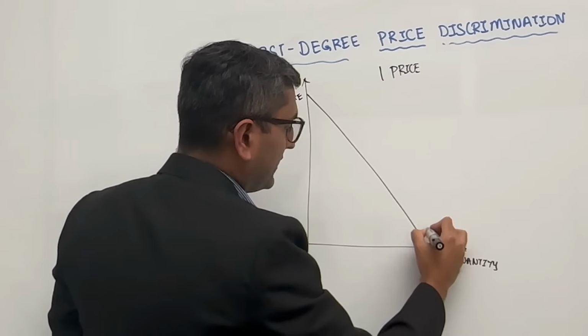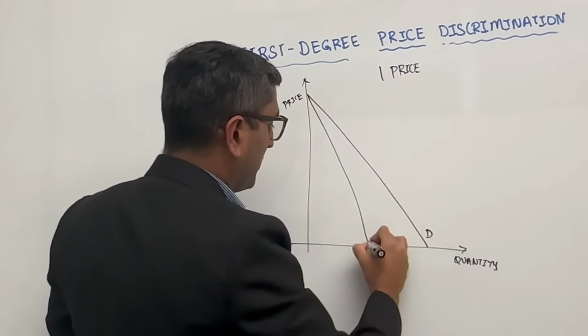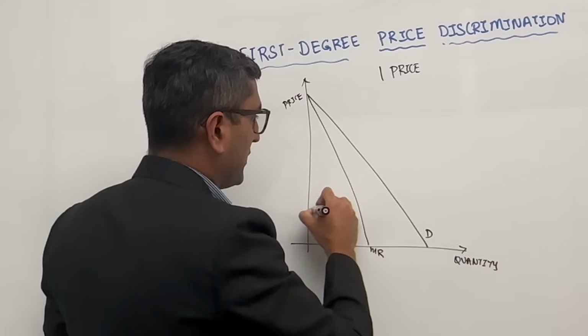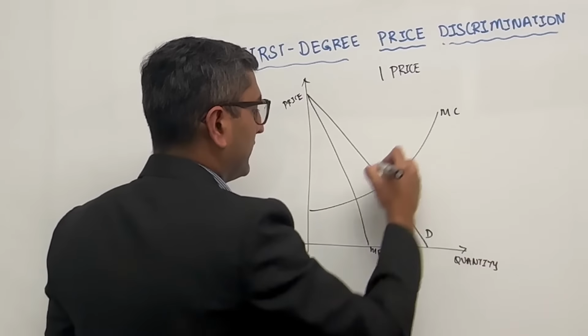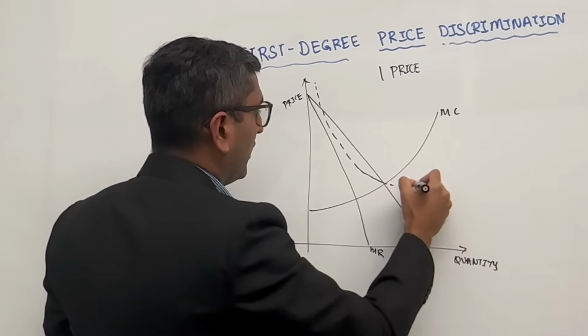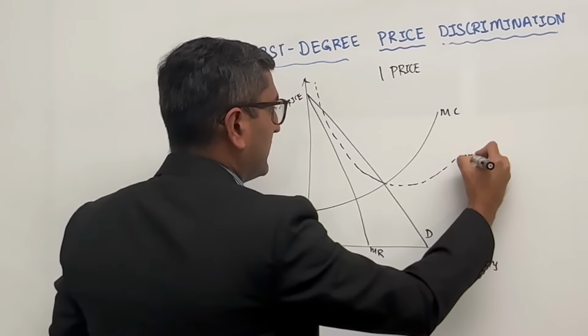So let's assume this is their demand, marginal revenue, and let's say the marginal costs are increasing, and let's assume their average total cost is this.